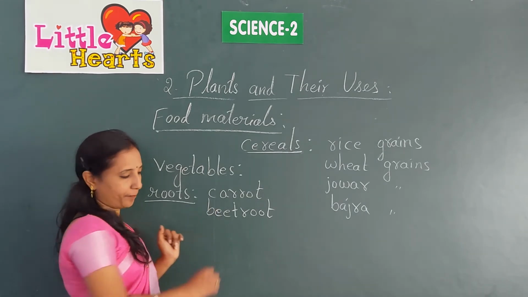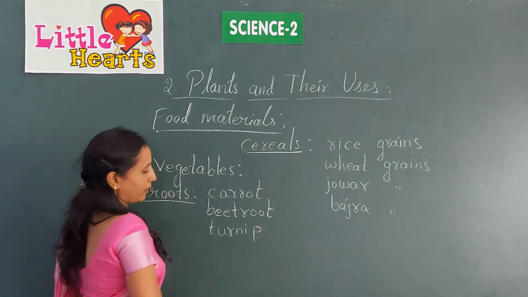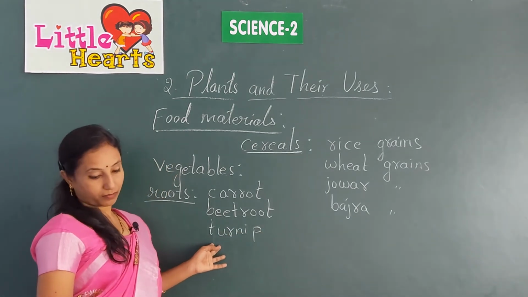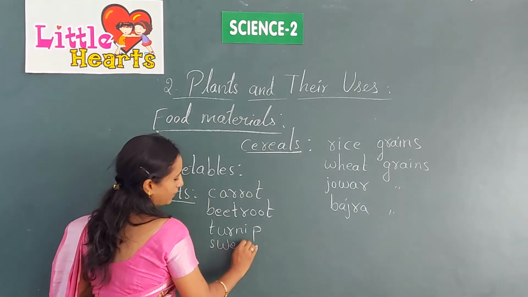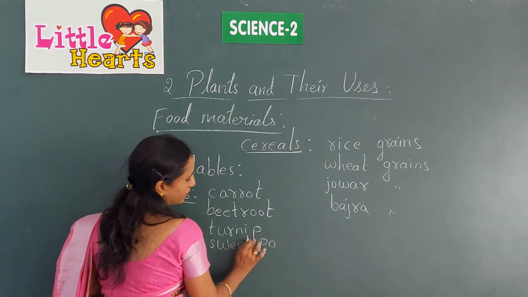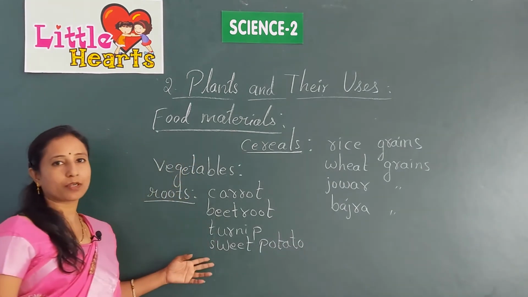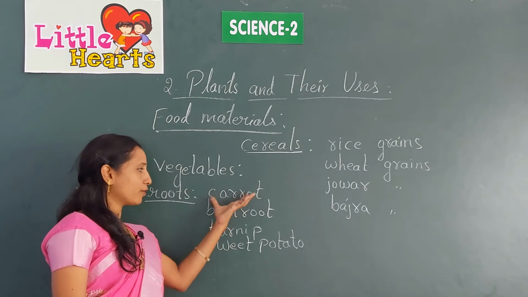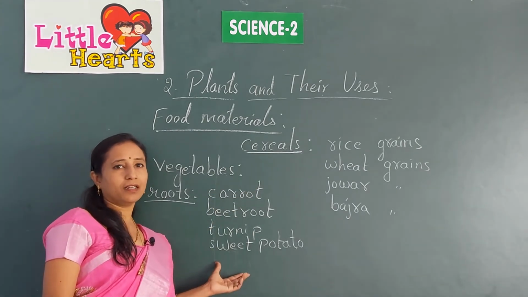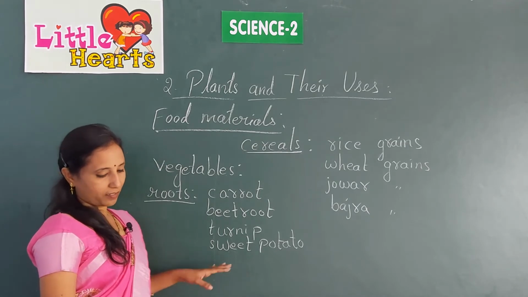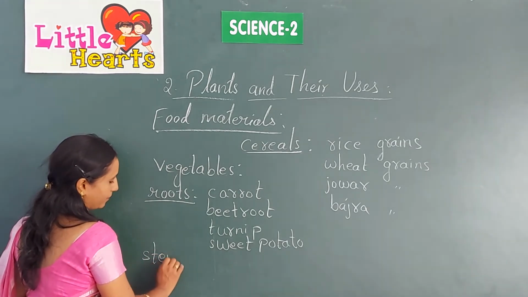And also turnip, sweet potato. These are the examples of roots. And these roots grow, where can you see the root? Below the ground. Yes. Next we'll come to the next topic, that is stems.